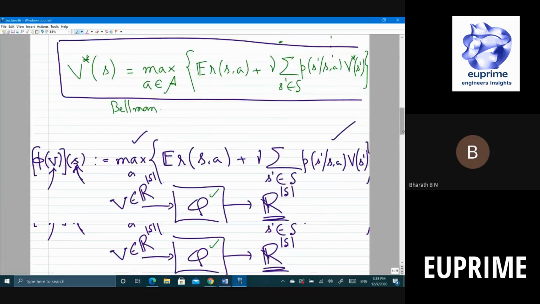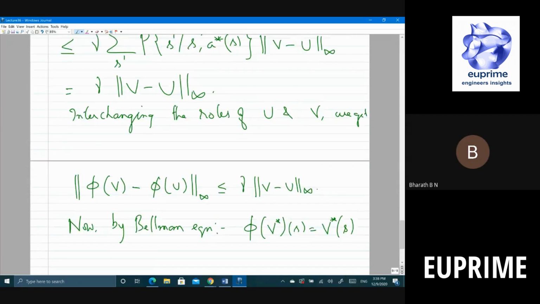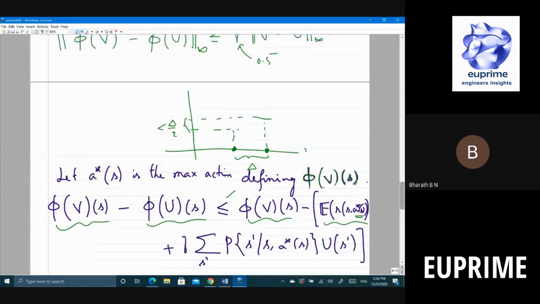That's called the Bellman equation. So the Bellman equation says what? It says phi of v star of s is equal to v star of s, right? Do you agree with this? Yes, sir. Right. So I'll go back. Wait.